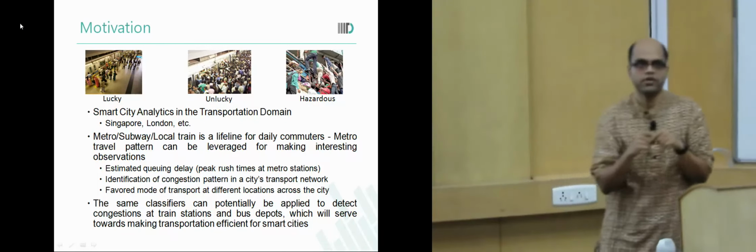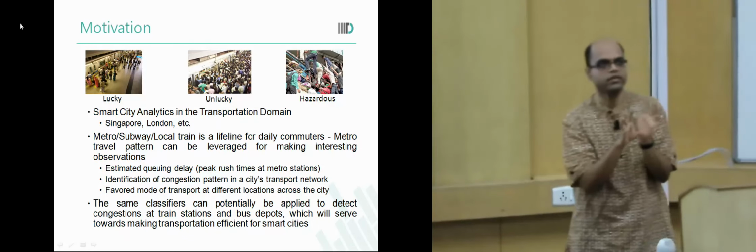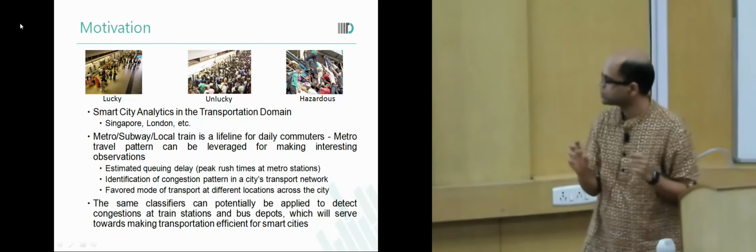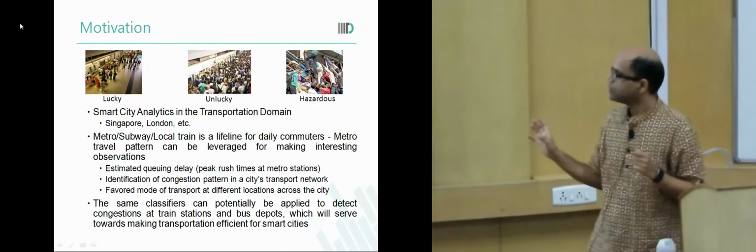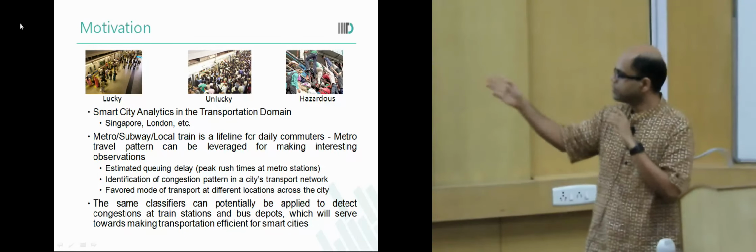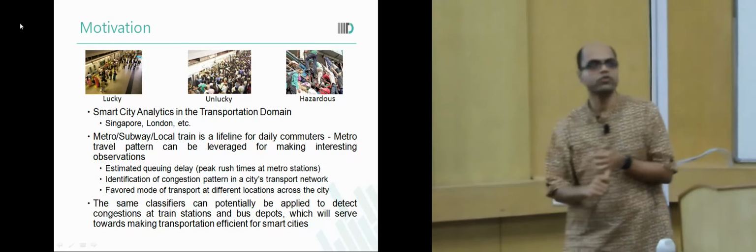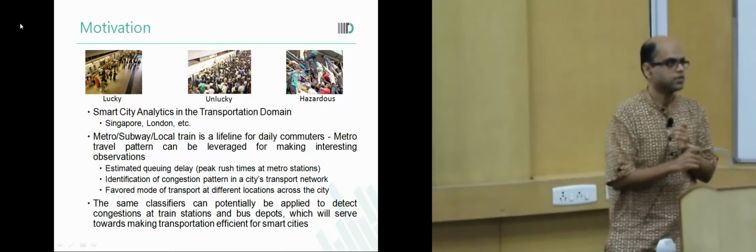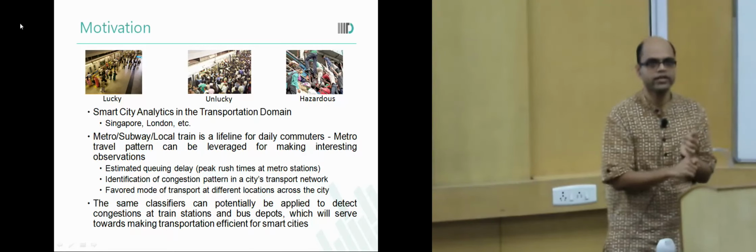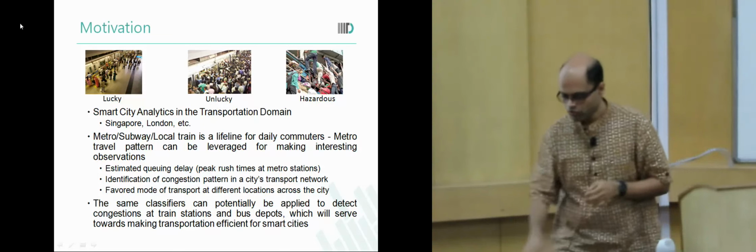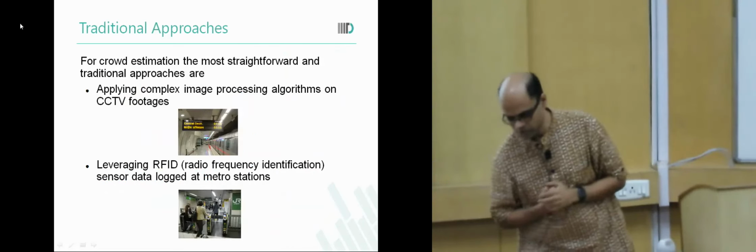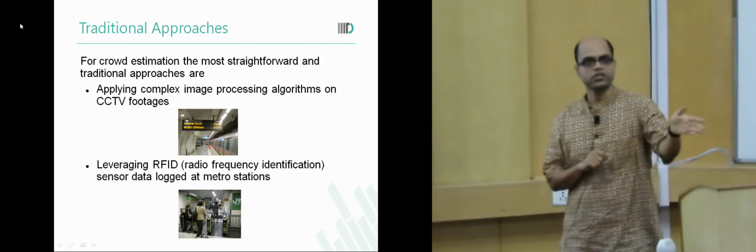And the last point, this is not just about the train. We can actually extend this work, and I will show you at the end, to metro, local, and all of that definitely, but also for the bus depot. That is also a public transport widely used, and we can extend that work for the public transport of bus depots also.